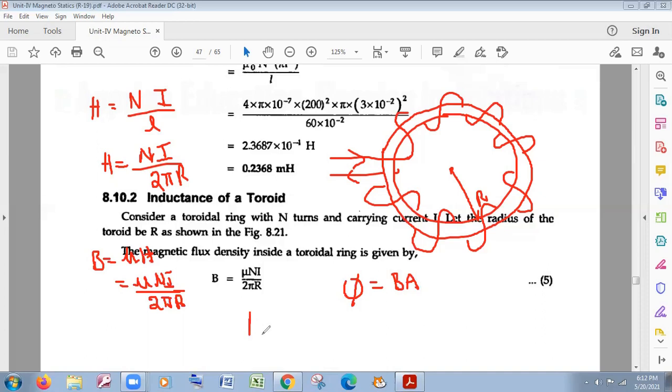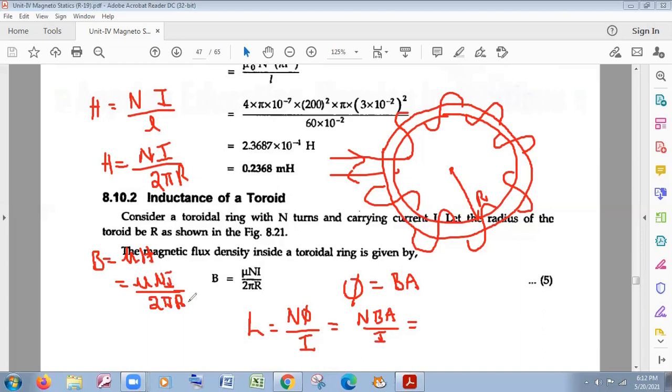And the inductance L is equal to the total flux N phi by I, that is N into B into A by I. What is B here?